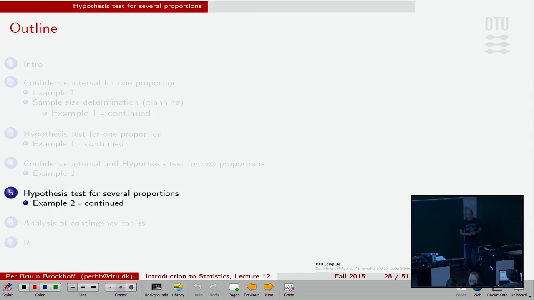So we jump to the next video, because this more general thing that I will introduce to you now will include the two proportion situation, because I'm taking the step now that takes me to be able to deal with the Sundhedsstyrelsens 12 proportions case that I initiated today with.